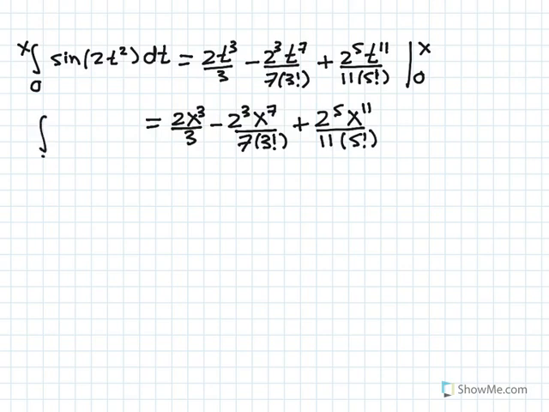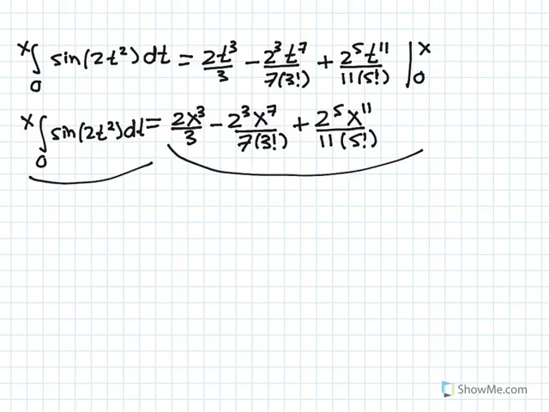So this is the integral from 0 to x of sine of 2t squared dt. This is the Maclaurin series representation of this integral. So capital F of x is equal to integral from 0 to x of sine of 2t squared dt.